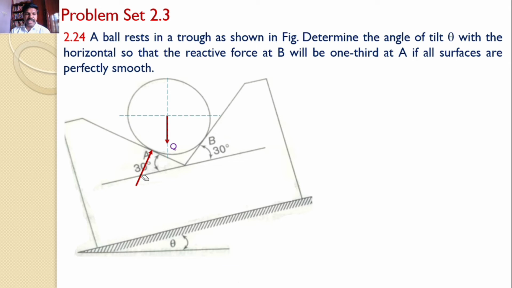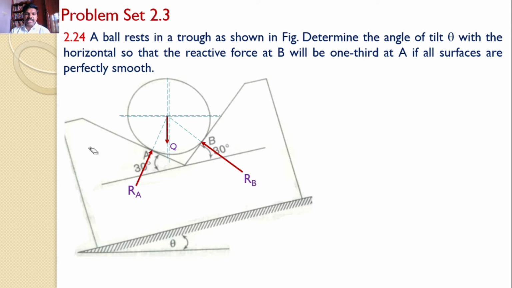That's why the reaction force is shown like this. And if you extend this force, it will intersect here. Similarly, another reaction force will develop at B, which is perpendicular to this surface and it is towards the body. Let this reaction force be RB, and if you extend this force, it will intersect at this point.